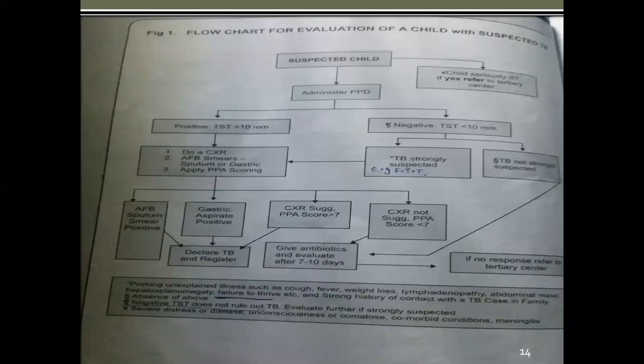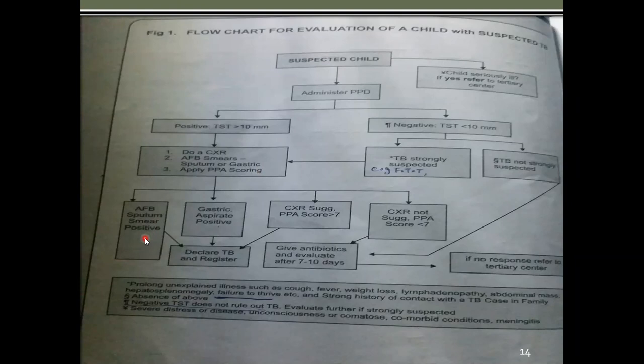These are algorithms which are helpful when you are dealing with children. When you suspect TB, first of all administer the Mantoux test. If it is more than 10 mm, do a chest X-ray, send gastric aspirate or sputum for AFB, and apply the PPA score.